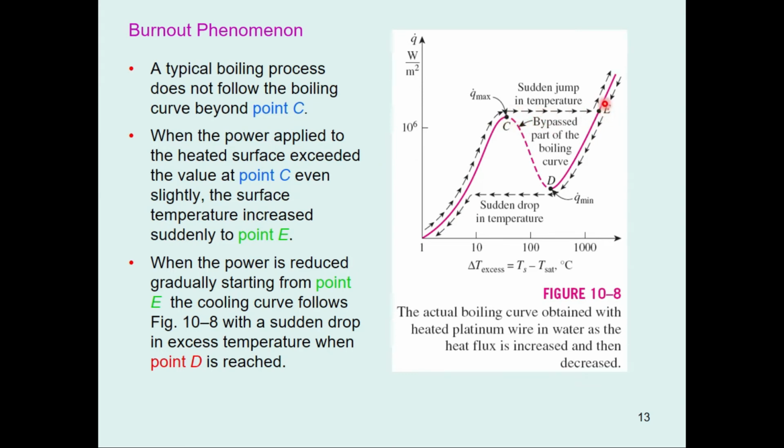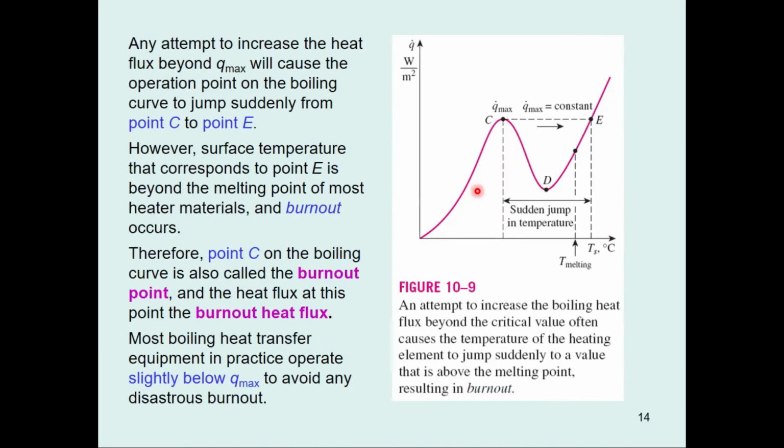And if we are decreasing the delta T excess, the boiling curve will follow from E to D, and then there will be the bypass from this point to this point when we are decreasing the temperature. So any attempt to increase the heat flux beyond the Q max will cause the operation point on the boiling curve to jump suddenly from this point C to point E, right?